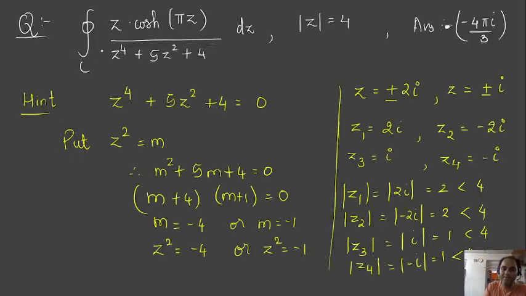Your function f of z is z into cos h pi z divided by, now instead of writing the entire biquadratic polynomial there, I would suggest that you write z minus 2i, z plus 2i, z minus i, z plus i.